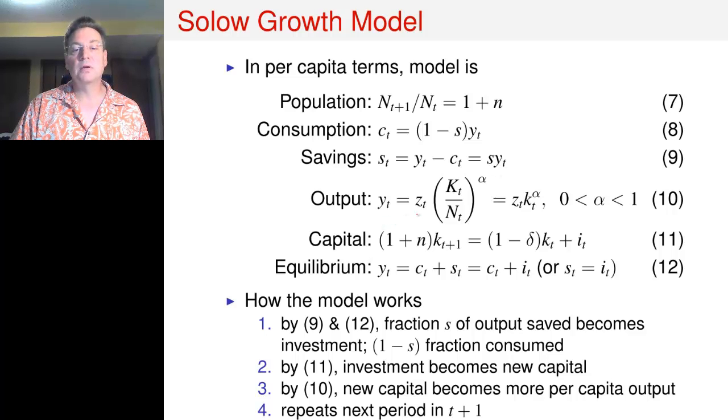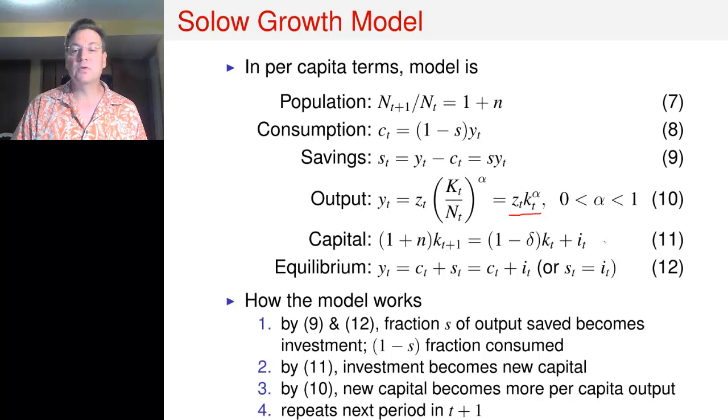Production income is z times k over N. We've divided everything by N, remember? So now we have a production function that's a little simpler. We basically don't have to look at what's happening to N. We just have that per capita GDP equals technology times per capita capital stock.